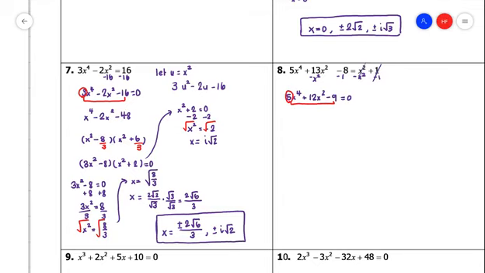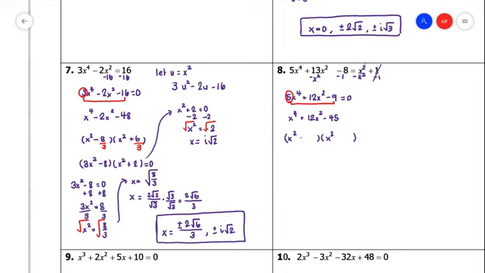And so that gives me a new problem of x to the 4th plus 12x squared minus 45. So then I'm going to factor that. I need two numbers that multiply to negative 45, but add to 12.